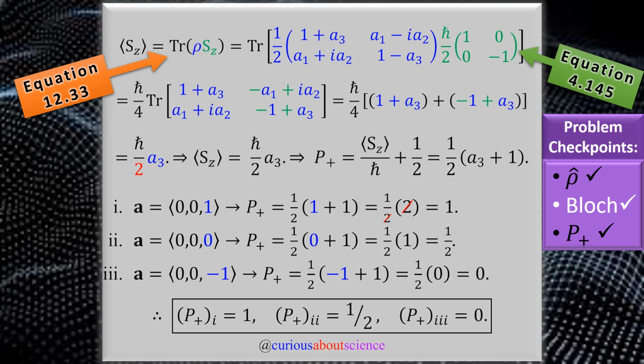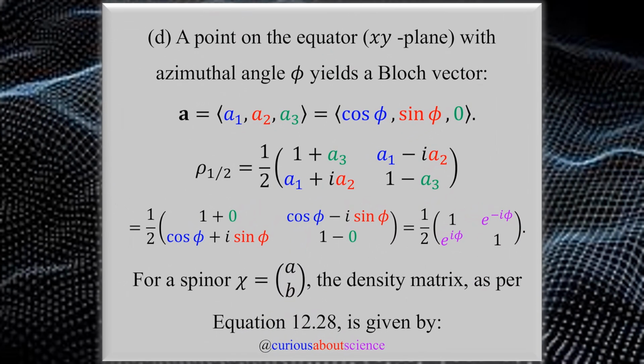Now let's wrap this problem up with part D. So in part D, a point in the equator of the xy plane with the azimuthal angle phi yields the Bloch vector, which we can get from the general form or plug into the general form as we see here. A is equal to 3 components.